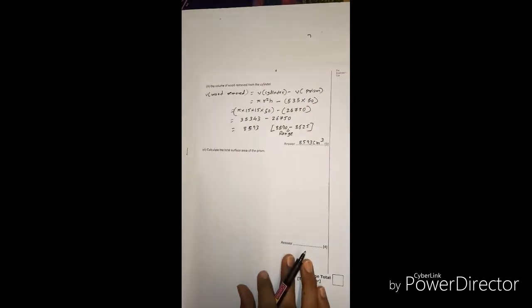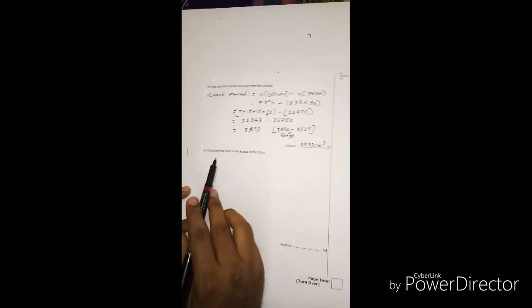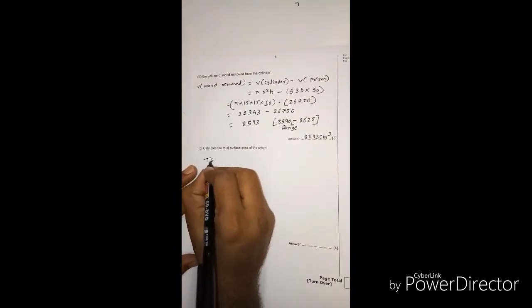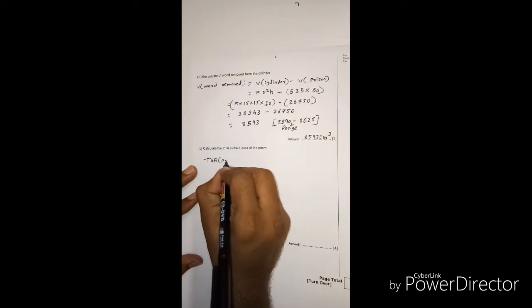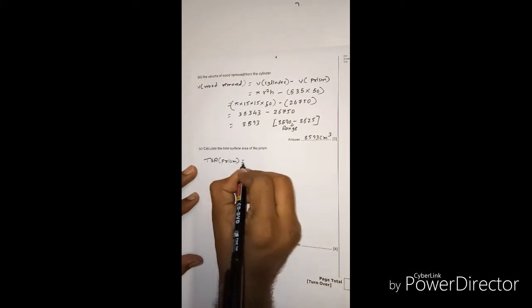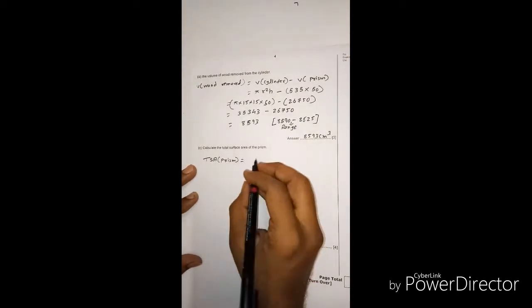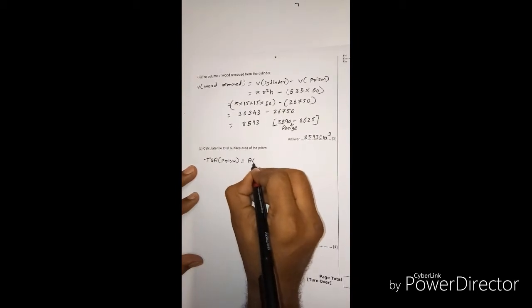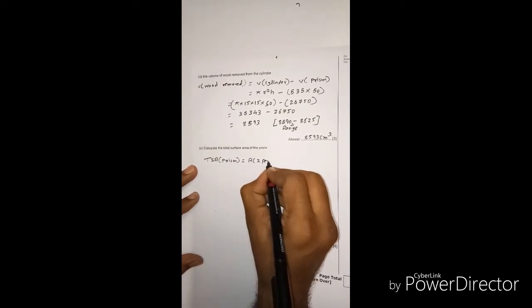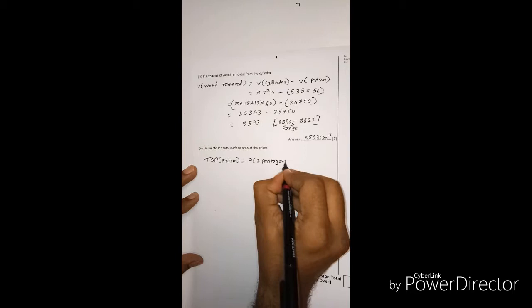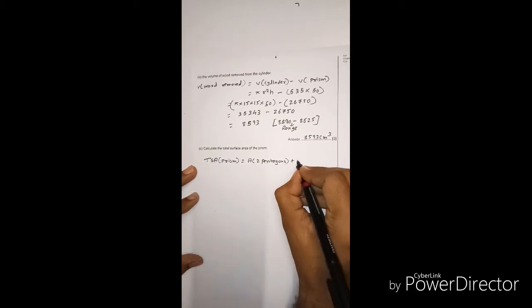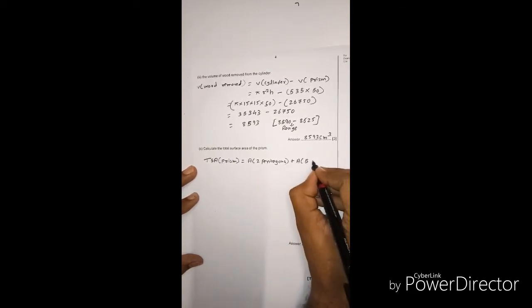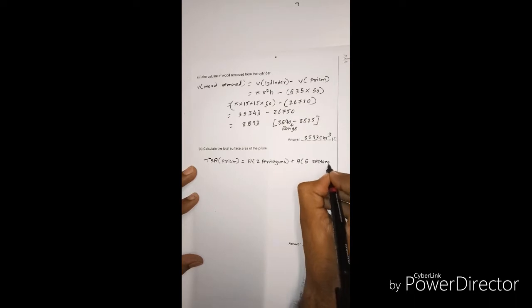Now moving on to the next part, wherein we need to calculate the total surface area of the prism. The total surface area of the prism will be equal to the area of two pentagons plus the area of 5 rectangles.